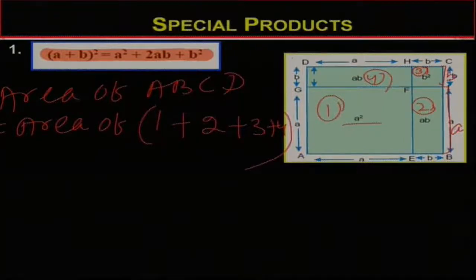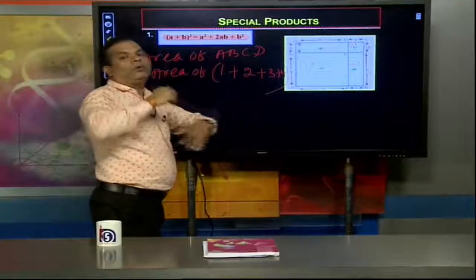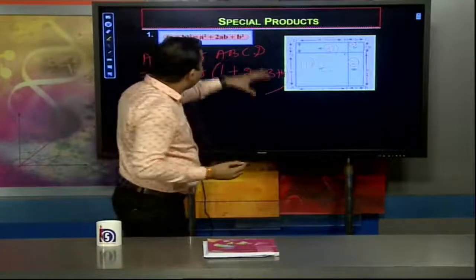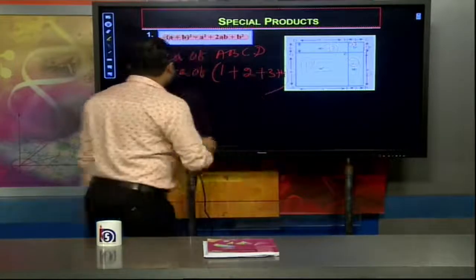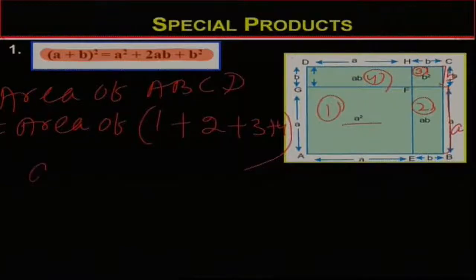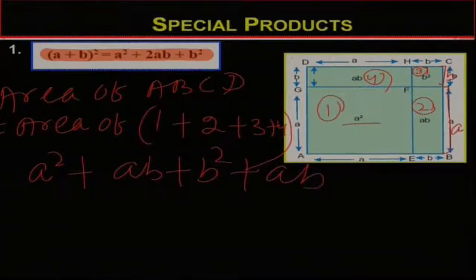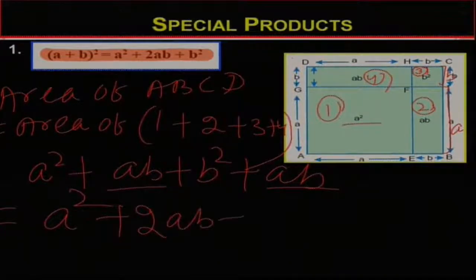That means we add 1, 2, 3, 4, and we get the area of the total rectangle ABCD. So we already have the area of the first part A square, the second portion AB, the third part B square, and the fourth part AB. So I can prove here A square plus AB plus AB plus B square, which equals A square plus 2AB plus B square.